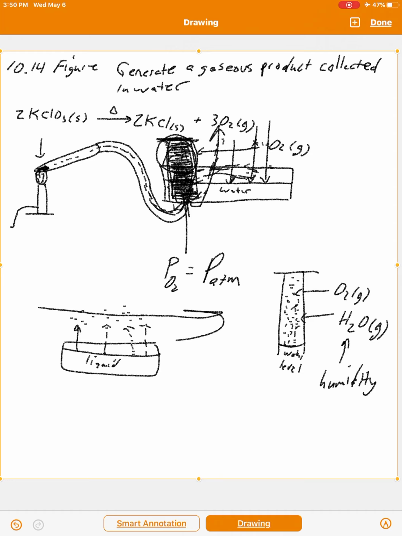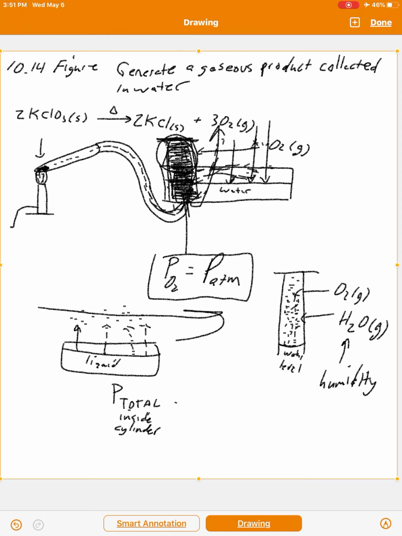So here's what happens. I made this claim that the pressure of the oxygen in this cylinder is equal to atmospheric pressure, but that's actually not true. The total pressure inside the cylinder is equal to the atmospheric pressure.